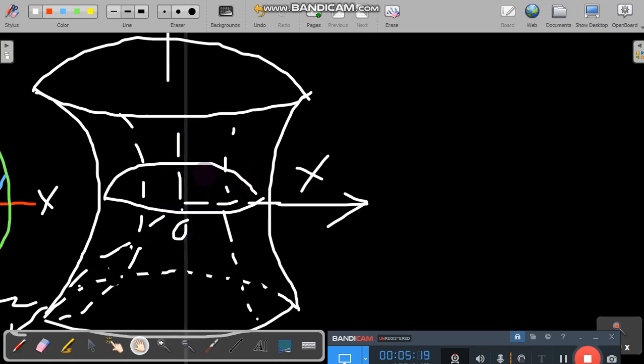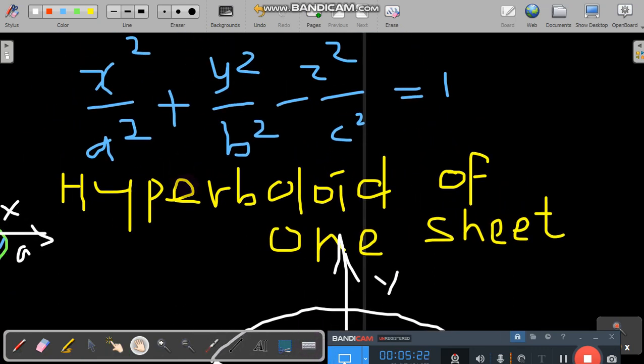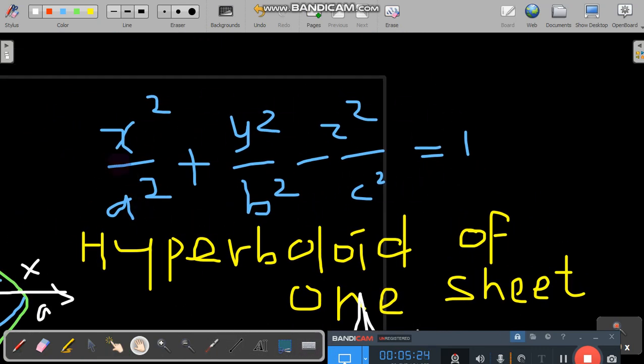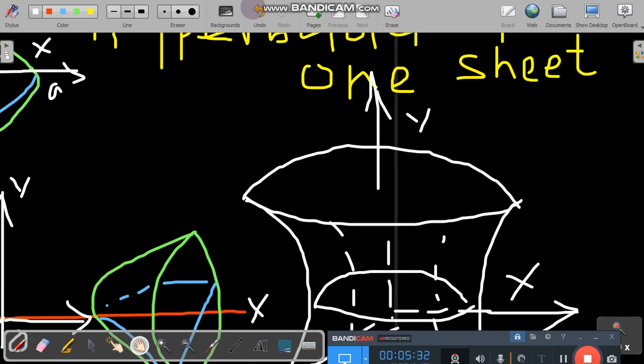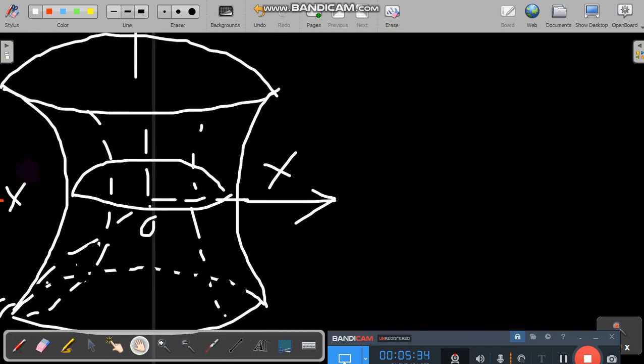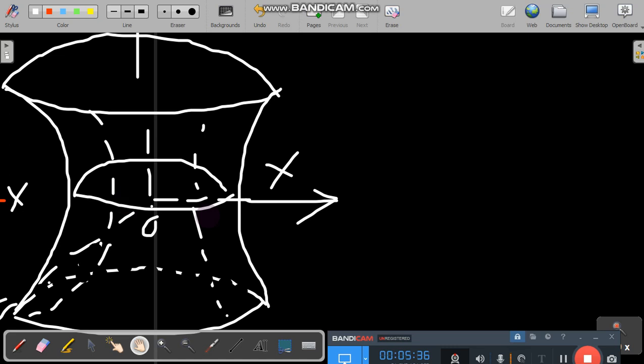Where does this come from? The set of points satisfying this particular equation. When you plot those points in three-dimensional geometrical space, you get this type of picture, and this is called a hyperboloid of one sheet. Here also we have the origin.